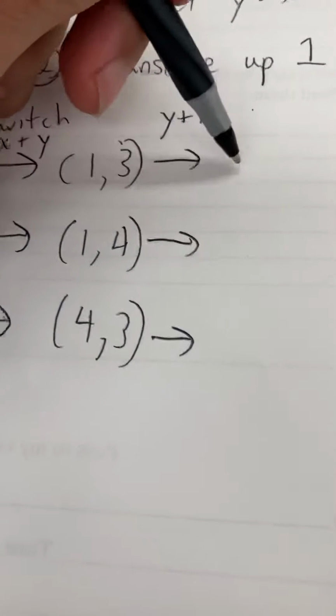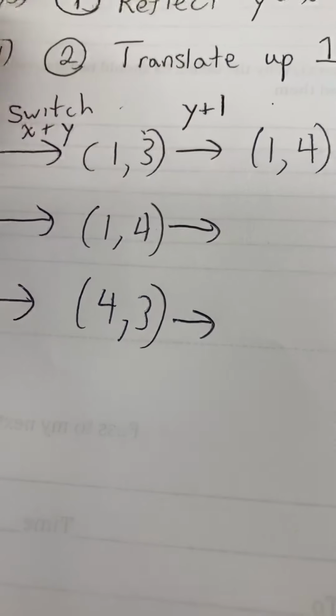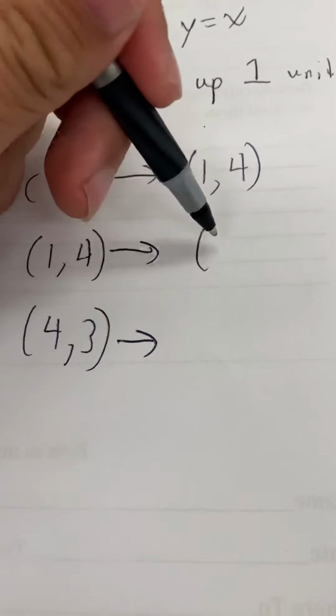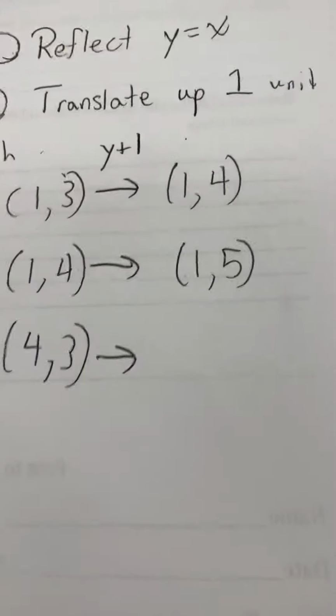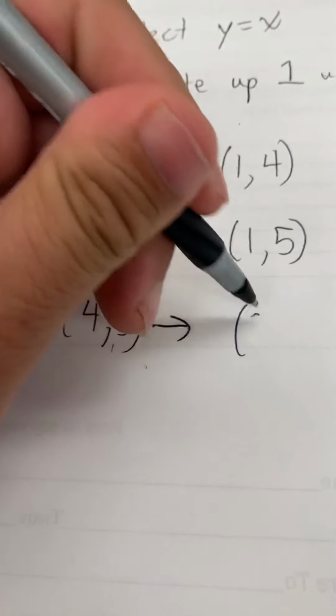So 3 plus 1 is 4. The 1 at the beginning does not change. 1 plus 4 is 5. Does not change. 3 plus 1 is 4. Does not change.